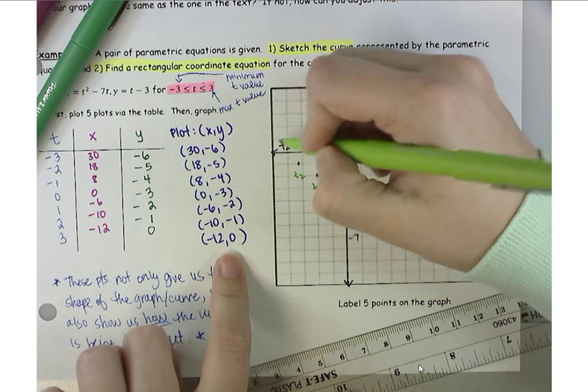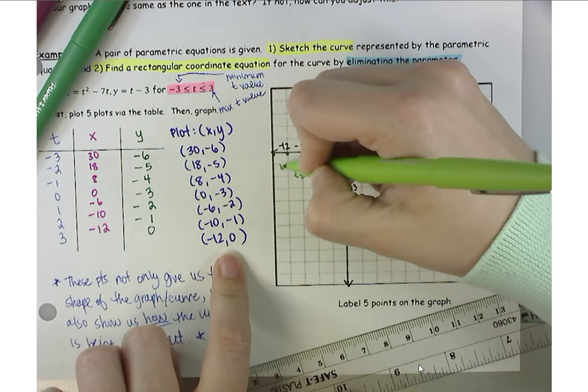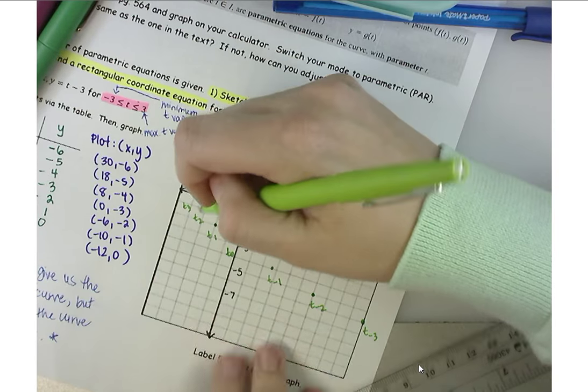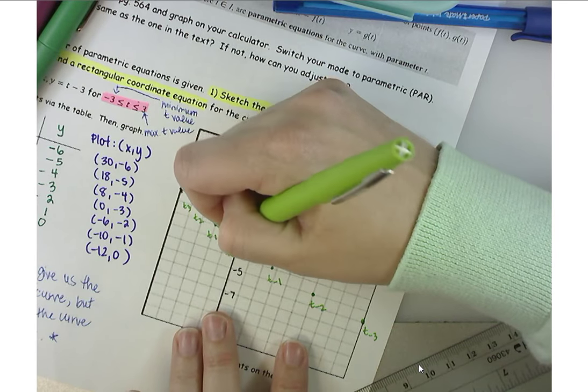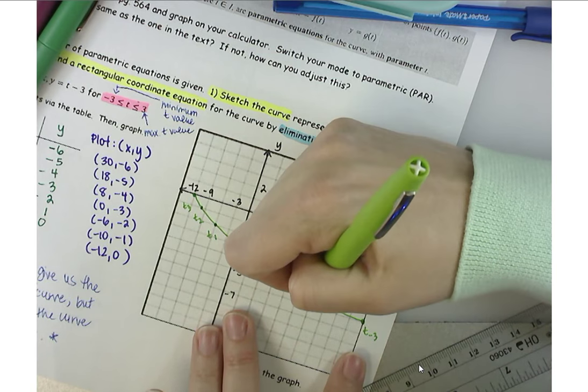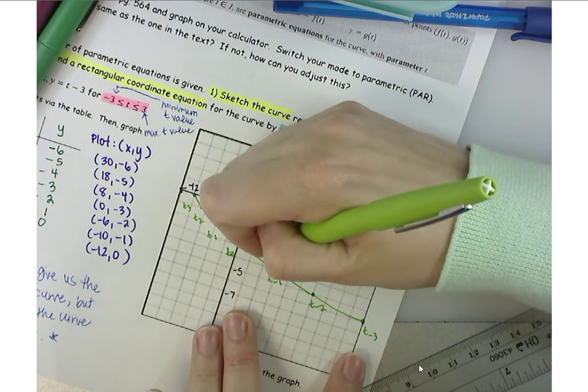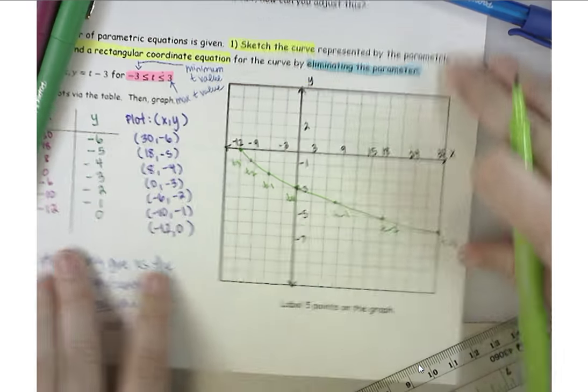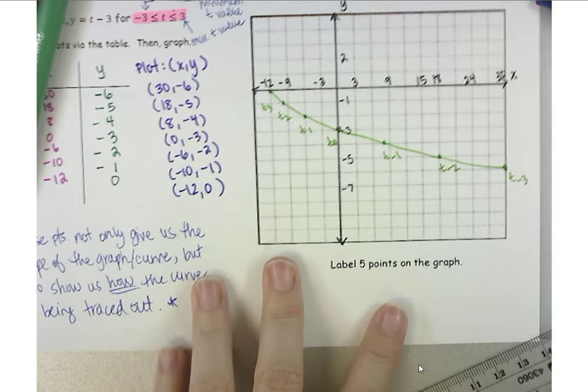And then -12, 0. Okay, and then you're connecting those with a curve.